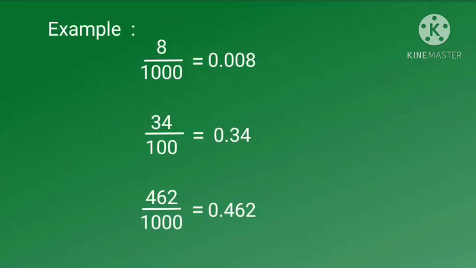Let's see another example. 8 by 1000 is 0.008. 34 by 100 is 0.34. 462 by 1000 is 0.462.